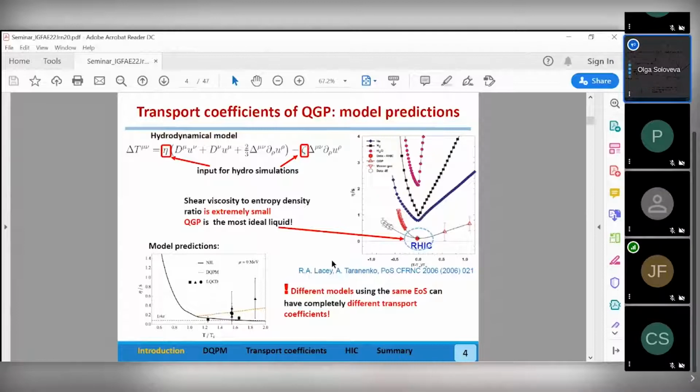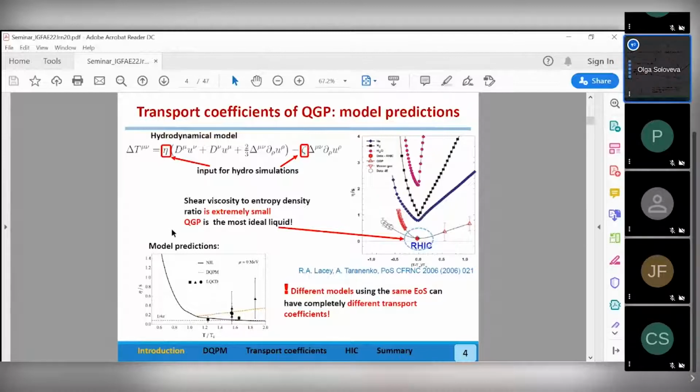And the problem is that many models can have a similar equation of state, for example, similar entropy density, but the shear viscosity differs very much between models.